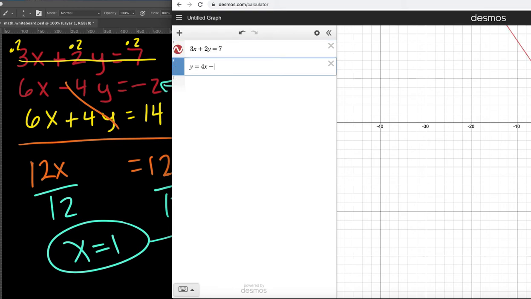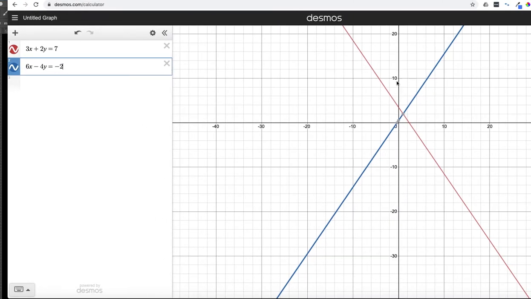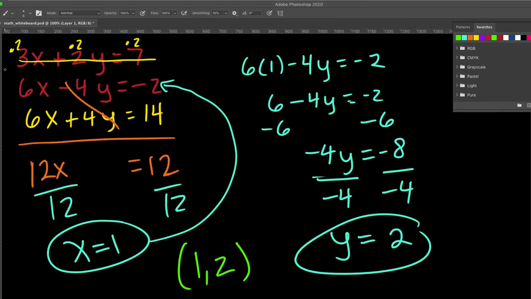If you use something like a TI-83 or a TI-84 graphing calculator, a lot of the times they force you to do the algebra to solve for y. But like I said, Desmos is nice. Okay, we got the answer 1, 2. Once again, the answer is where they cross. And so if we go back here, we see that we got 1, 2 as well.